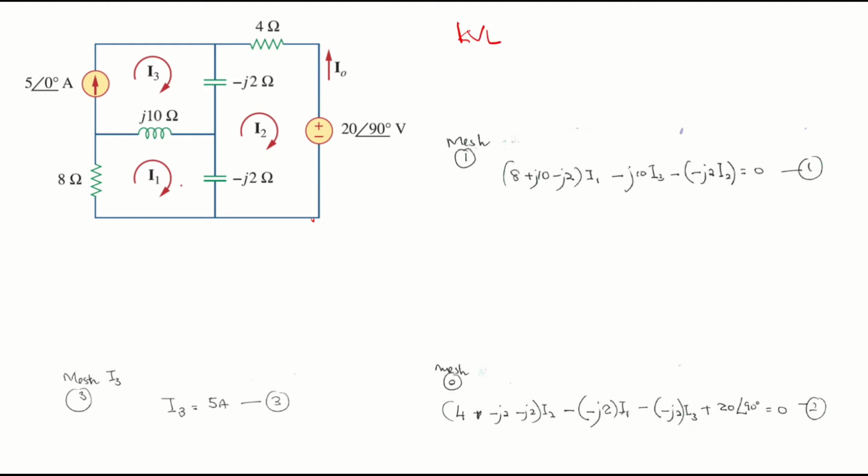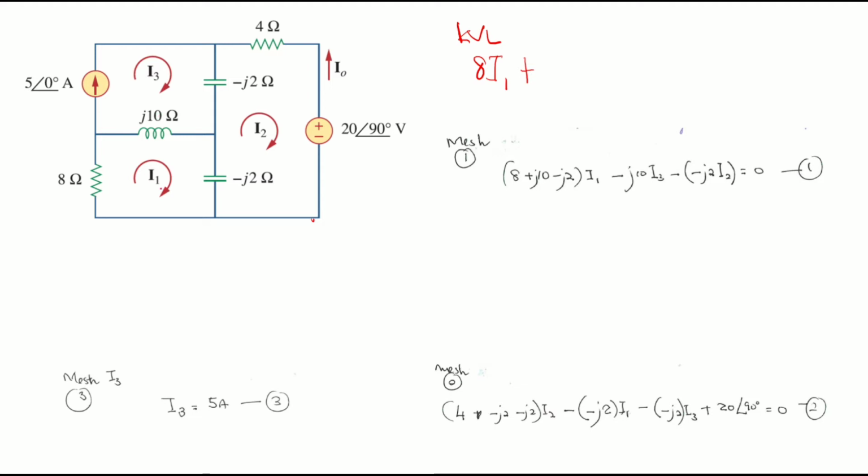If you look, this current is flowing clockwise. First, we look at this resistor, which is exactly 8 I1. Plus, if you look at here, there's an inductor.